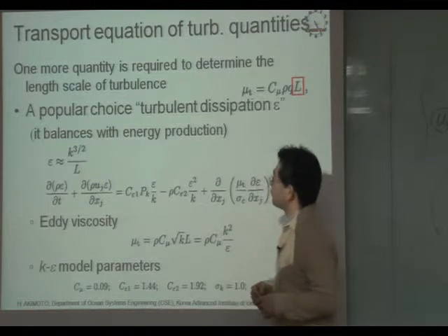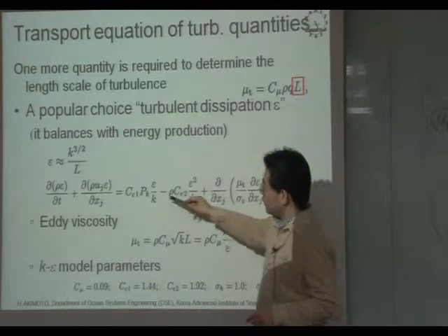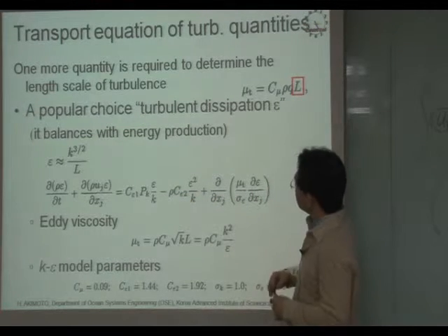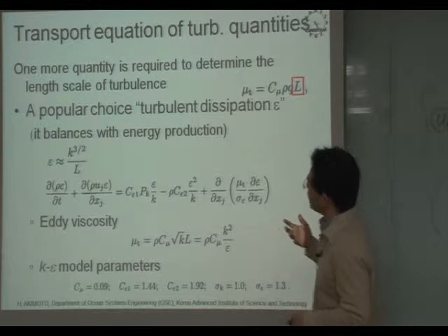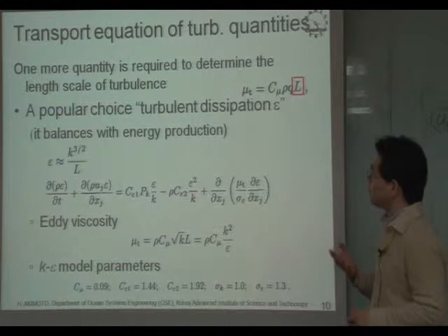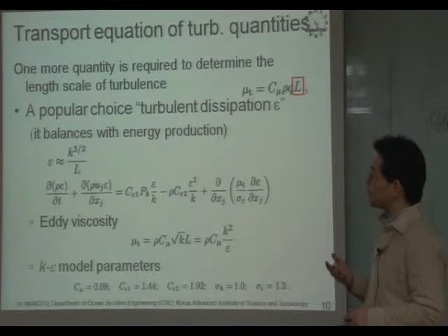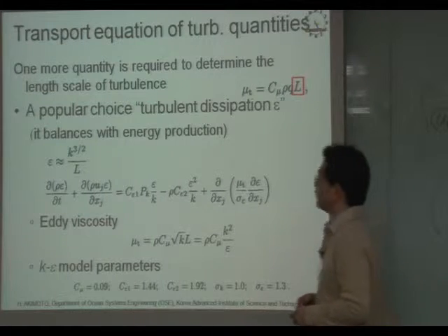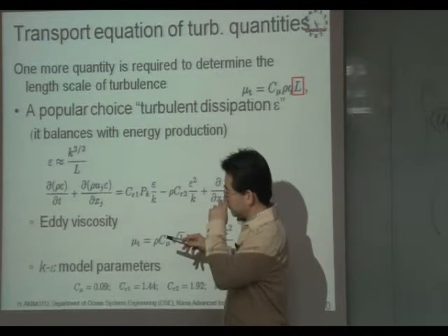So considering the transport of dissipation is one reasonable choice of selecting the closing model.